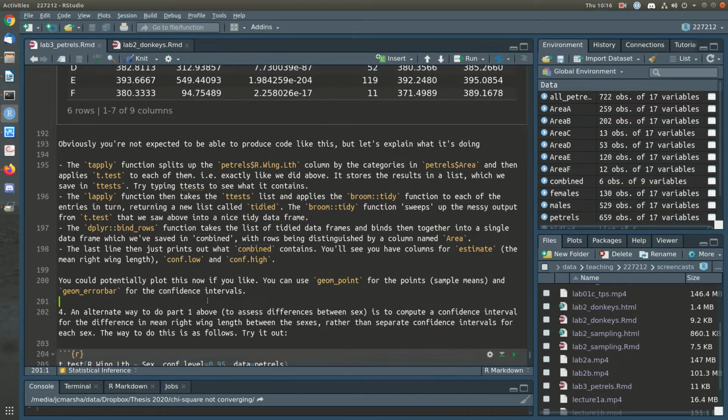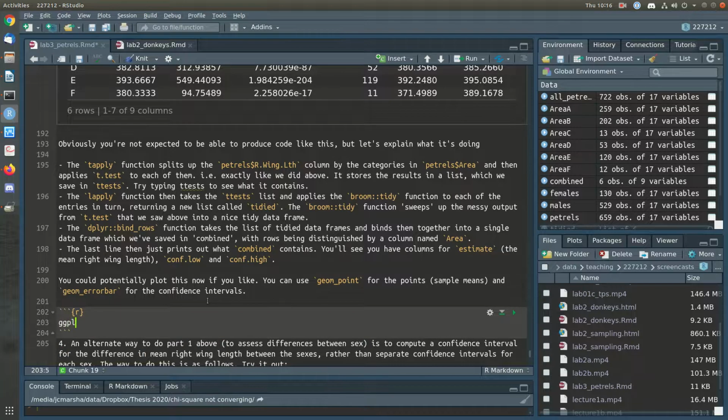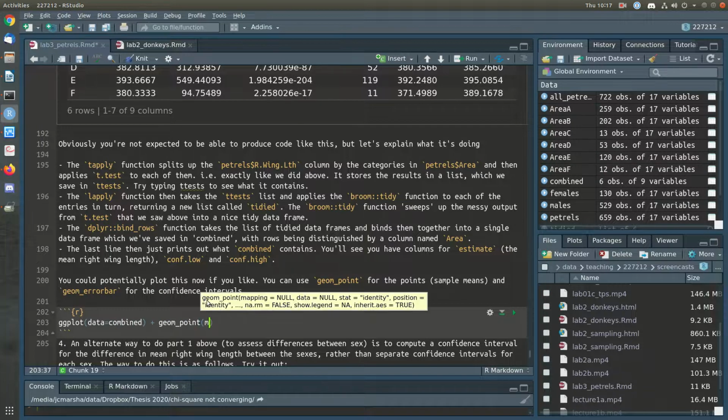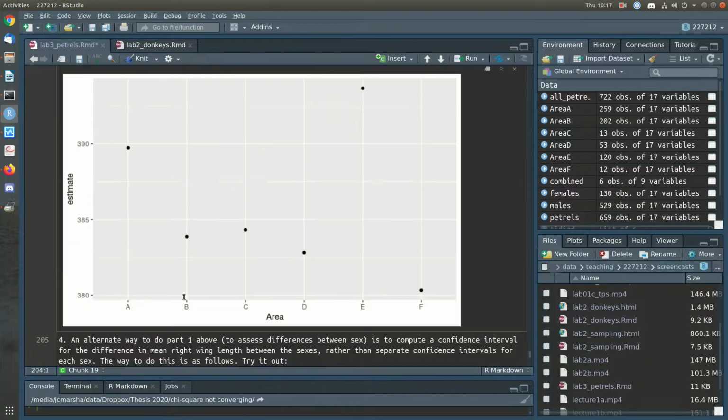And so we could use that to do some plotting. We could potentially plot all of this. So we're going to go ggplot. We're going to use our combined data, and then we're going to put some points on where our x is our area and our y is our estimate. Right, so there's our mean right wing length.